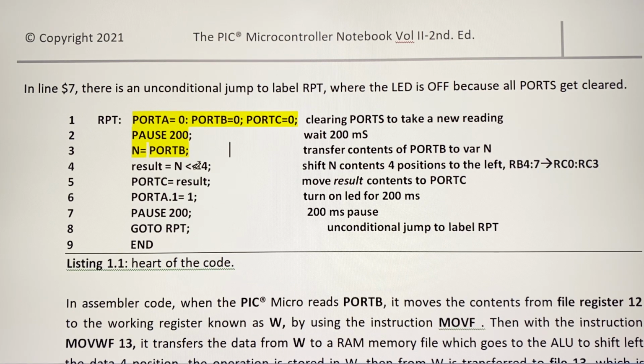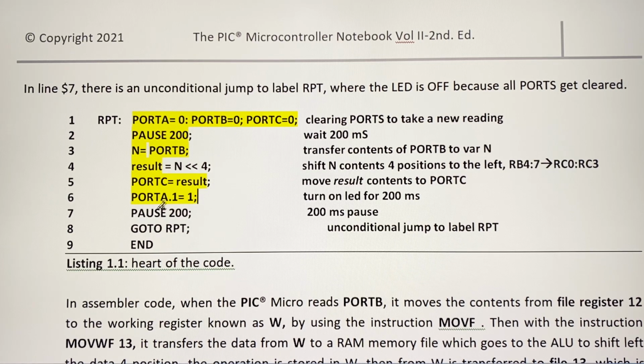So we shift these 4 positions in this variable, and after the shift is made, it is stored in this variable called result. Then we transfer variable result to port C, and we can turn on one LED on port A for 200 milliseconds, to indicate to the user that the data is ready.